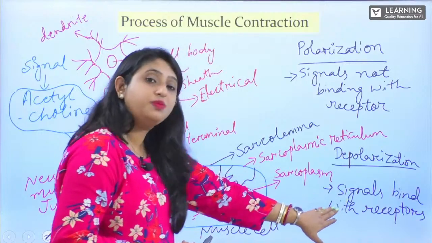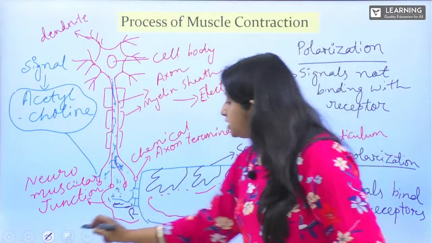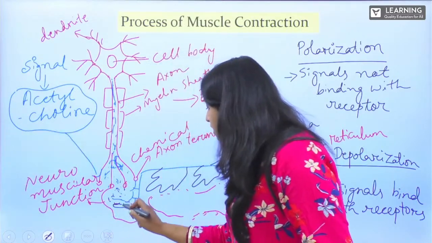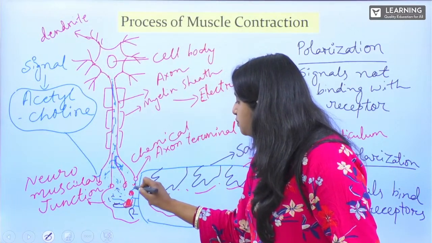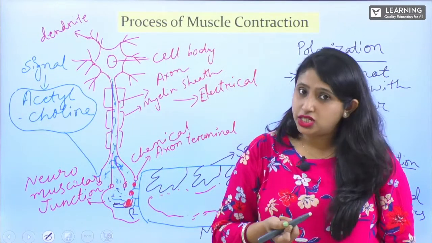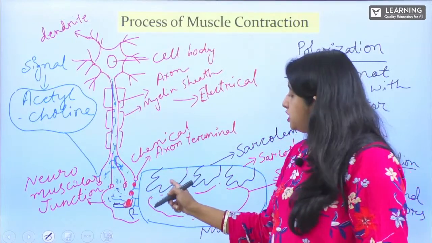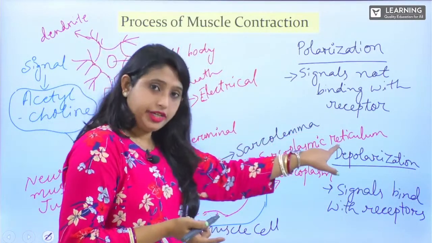That means the signals are binding with the receptors. When the signals are binding with the receptors, depolarization is taking place. So at that time, in the endoplasmic reticulum, that is called the sarcoplasmic reticulum.